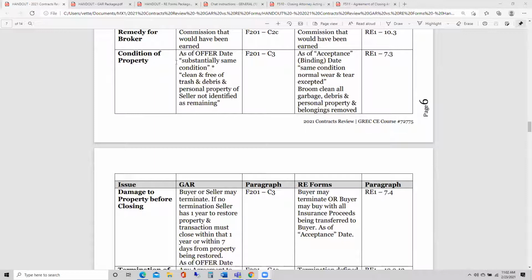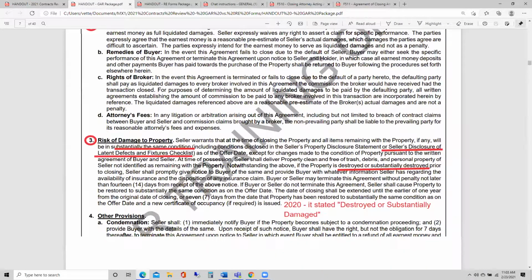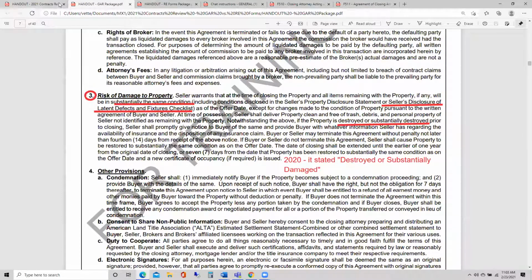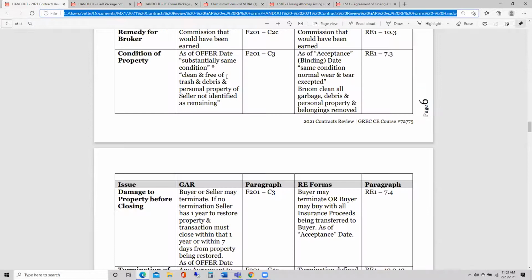The condition of the property, the GAR contract under paragraph C3. Under this paragraph, it says that basically at closing, the property is to be in substantially the same condition as it was as of the offer date, and clean and free of trash and debris and personal property not identified as remaining.